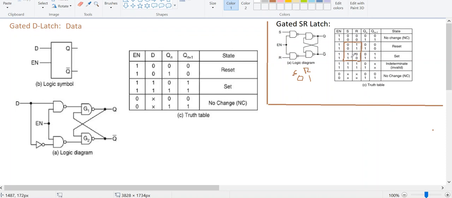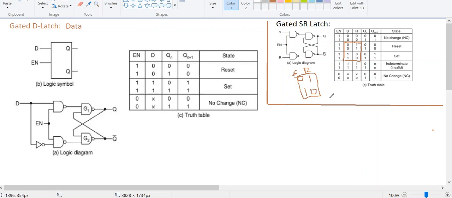In the other case, S is equal to 1 and R is equal to 0. So by these two we can say that S and R values are complements of each other, which means for some time S is 0, for some time it is 1, and R is the opposite.